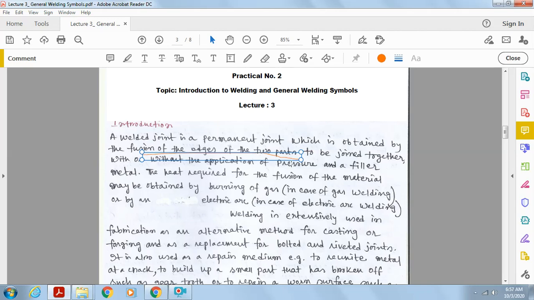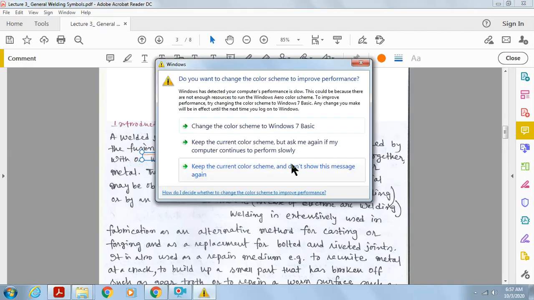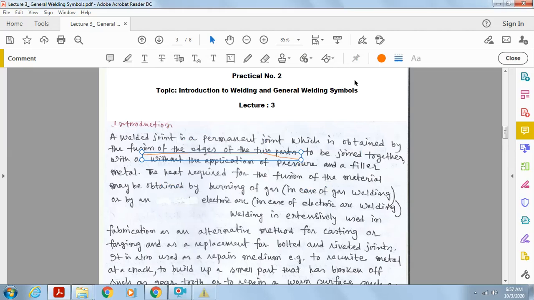But there are a few welding joints where we use heat as well as external pressure. So the important resources of welding are heat and pressure. But heat is always essential; pressure may or may not be there.